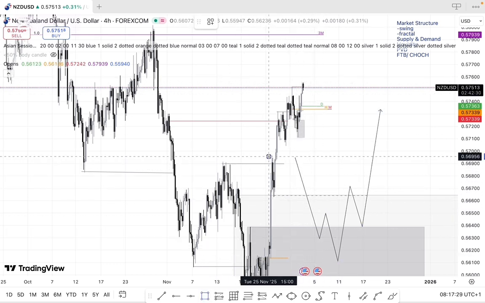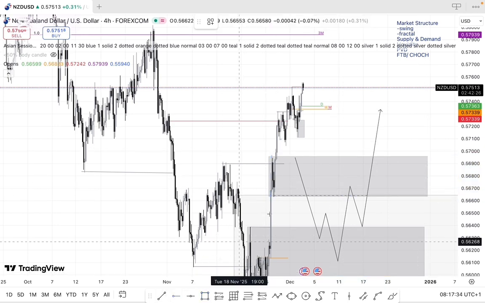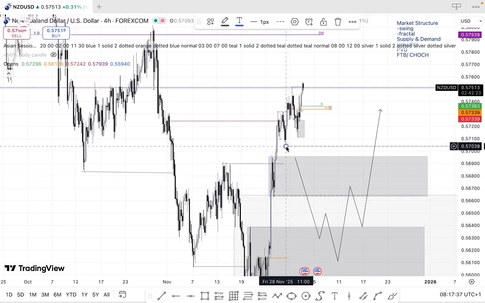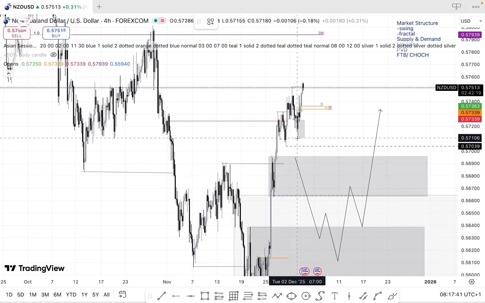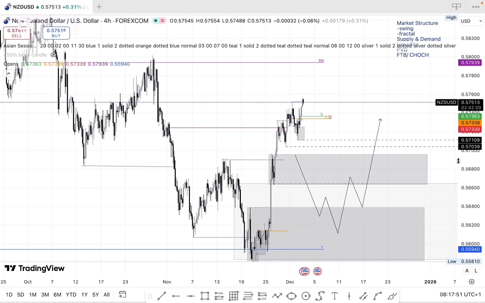Maybe we'll get something like this. This will be the zone, and these two zones here will be the liquidity for price to take, and then from there we will continue to see more longs. But New Zealand USD is presently the most clear pair to trade.